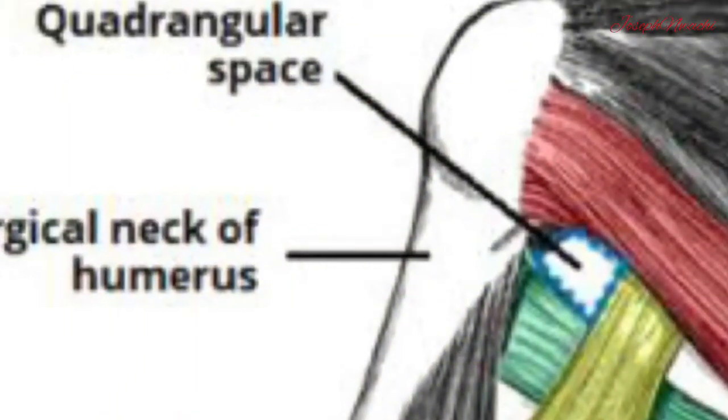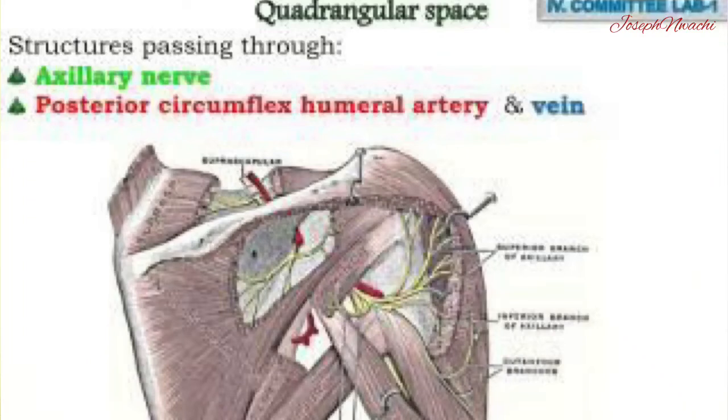It is just a space that allows neurovascular bundles to pass between the shoulder region and the upper limb. The axillary nerve, alongside the posterior circumflex humeral artery and veins, passes through this quadrangular space to get to the upper limb.